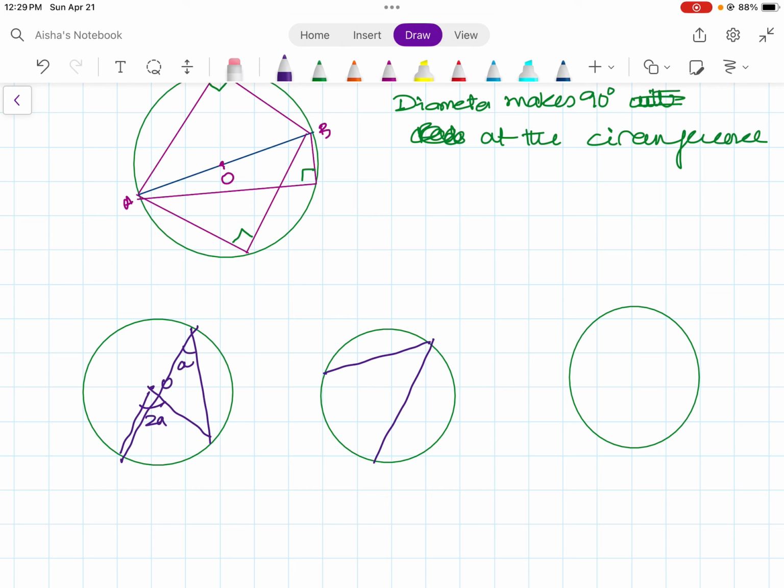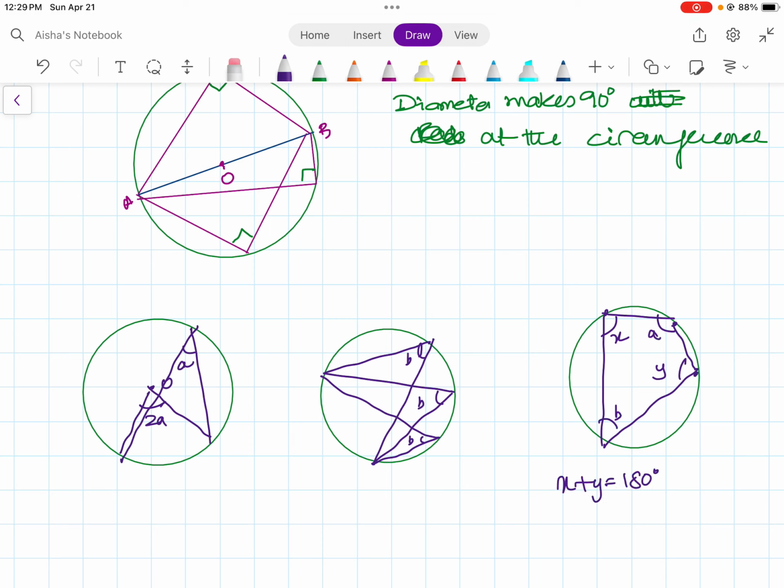Angles in the same segment: all angles emerging from the same endpoints are the same. Cyclic quadrilateral: opposite corners have a sum of 180 degrees.